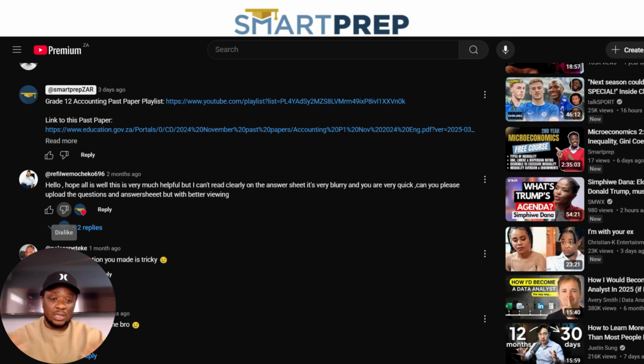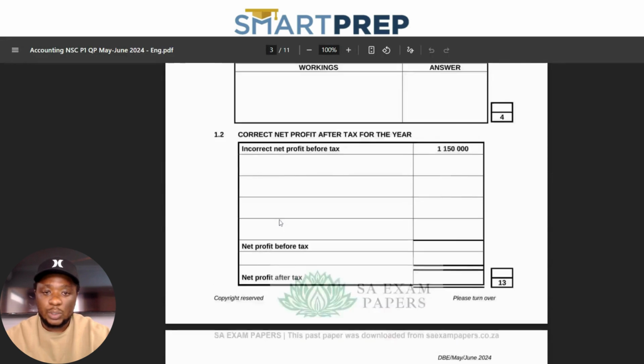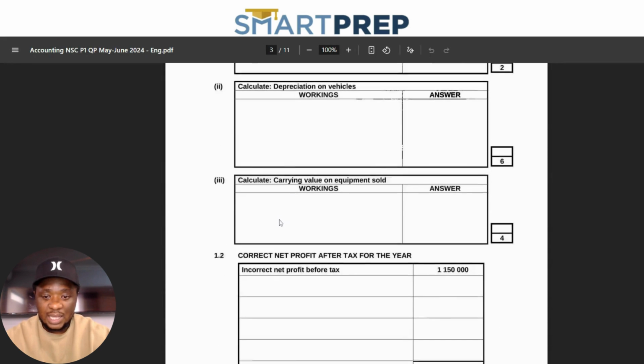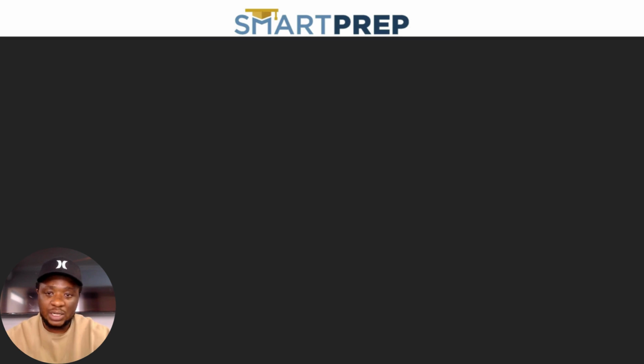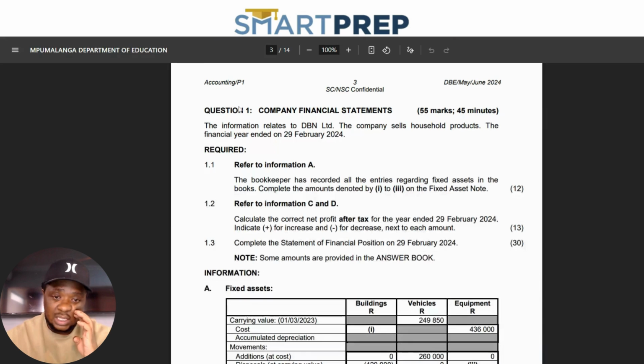So in this session, we're going to be looking at the June 2024 paper. In that paper, you can see that we've got our answer sheet this side, and then we've got our spreadsheet. The spreadsheet is not yet numbered, but don't worry too much about that. And then we've got our question paper right here.